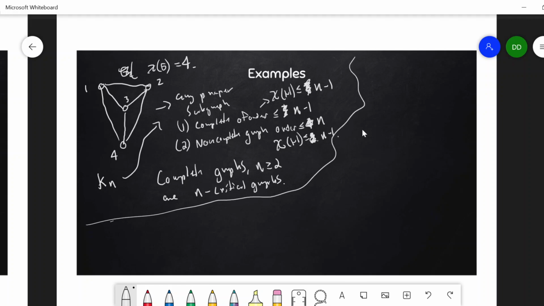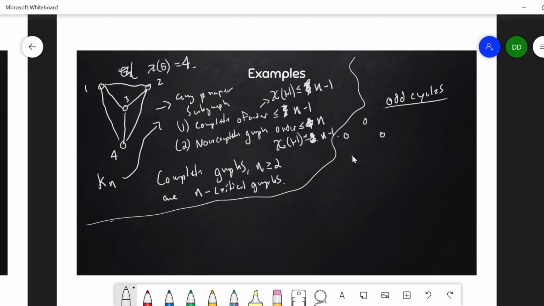As another family of graphs, if we look at odd cycles, well, if I remove any vertex or any edge from an odd cycle, I eliminate the odd cycle.